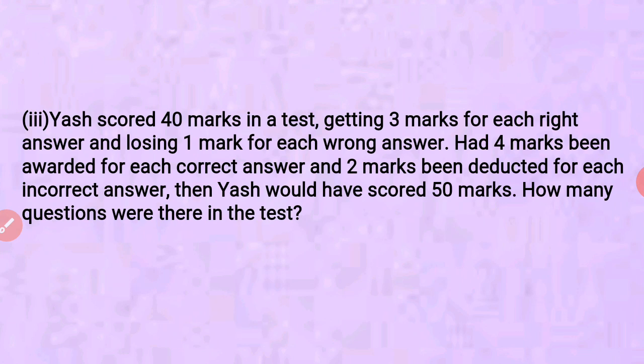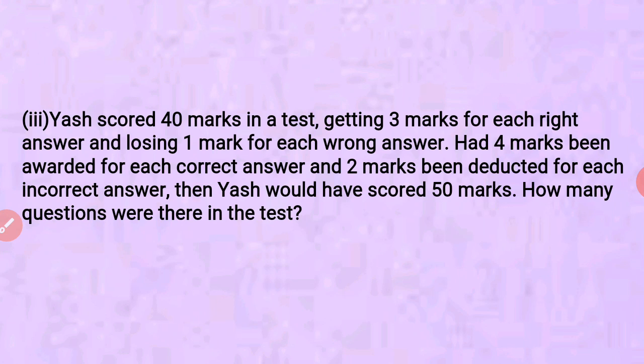Let's move to the third one. Yash scored 40 marks in a test, getting 3 marks for each right answer and losing 1 mark for each wrong answer. So there are some marks that are being lost. So negative things will also be there. Had 4 marks been awarded for each correct answer and 2 marks been deducted for each incorrect answer, then Yash would have scored 50 marks.